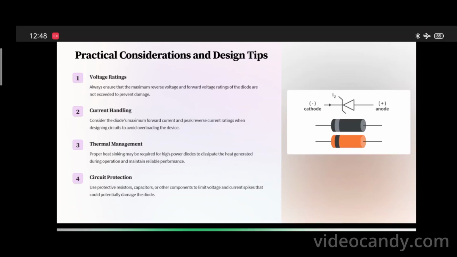Third point is thermal management. Proper heat sinking may be required for high power diodes to dissipate the heat generated during operation and maintain reliable performance.